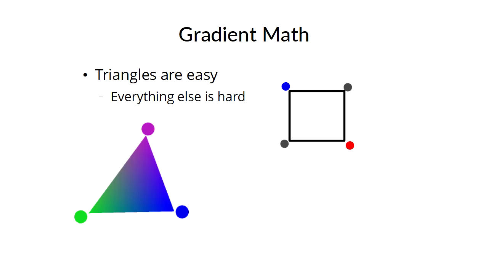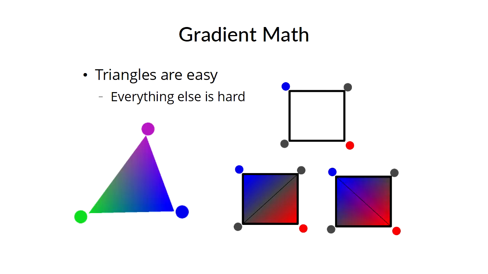If you divide up the square into triangles like this, then you have gray colors on either side of the triangles, so you end up with gray in the middle of the square. But if you divide up the square into triangles the other way, like this, then these triangles have blue and red on either side, so it should be purple in the middle. So even with this simplest shape, you end up with different colors in the middle, depending on how you divided it up into triangles. And things just get even worse as you get to more and more complex shapes.